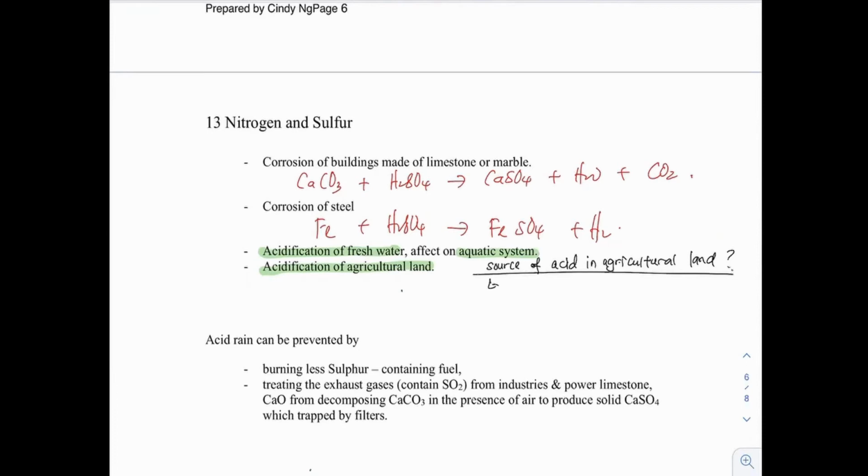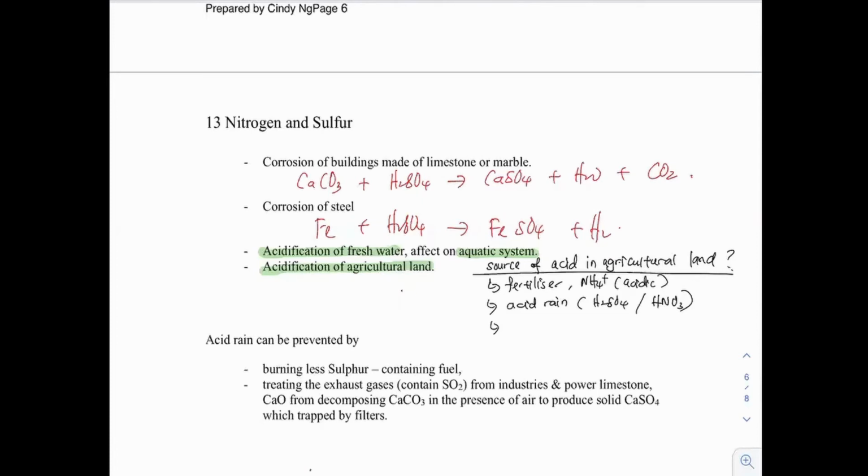The first one, of course, we can say it is from the fertilizer. Why fertilizer? Because fertilizer means you have ammonium ion, and ammonium ion is acidic. So that is the first thing that contributes to the acid in agricultural land. The next is the acid rain, like H2SO4 or HNO3 that we've learned just now.